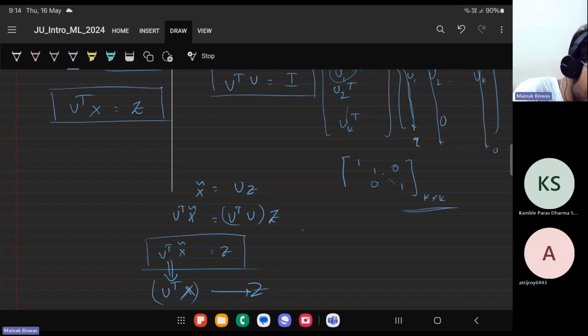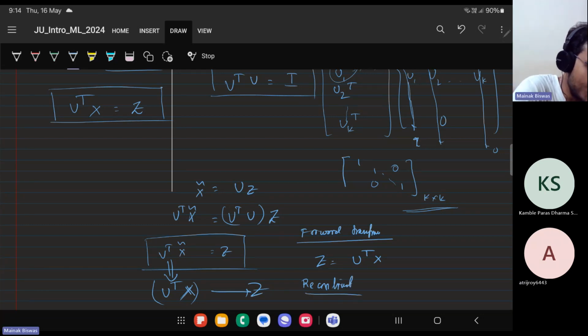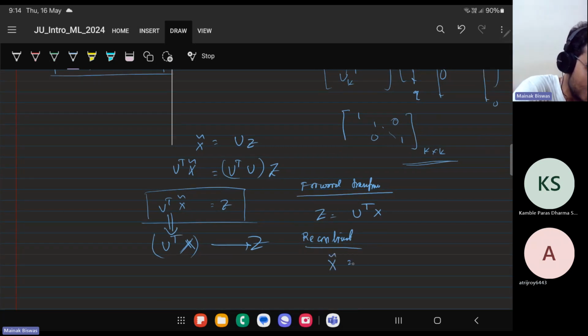So the forward transform is Z. Which one do we want to get? X tilde, that is the reconstruction, or Z? No, Z. But X tilde will help you to understand how the reconstruction is. We need to get that as well.